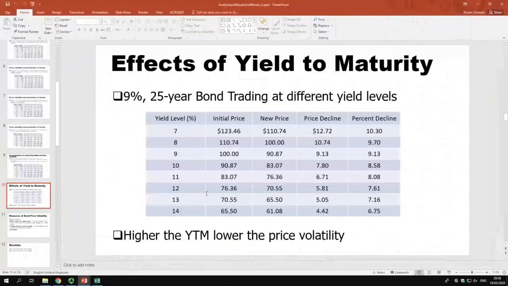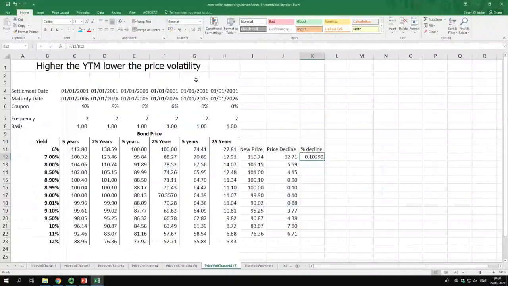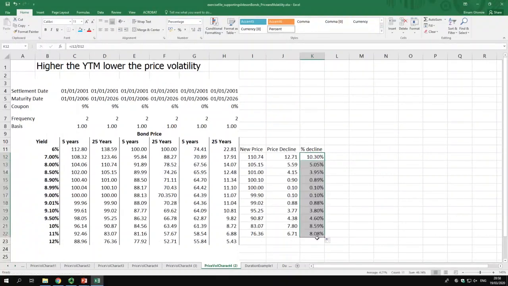This is what you see here, percentage decline 10.30 in terms of percentage. And you do the same and you find this. Now what you are saying, the higher the yield to maturity, the lower the price volatility. So here you see the percentage decline is lower, this is higher.